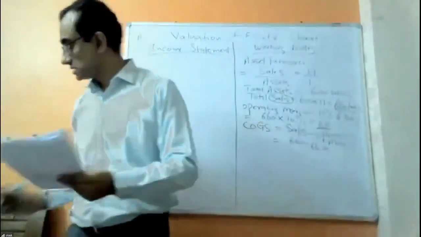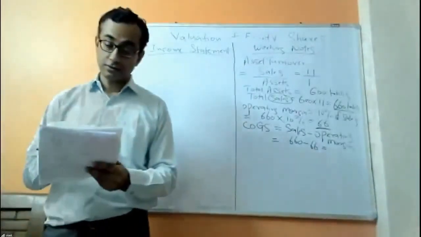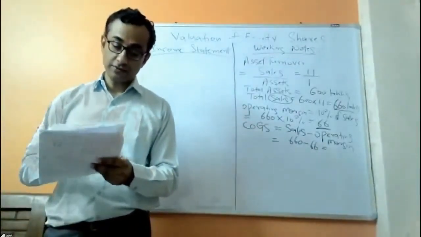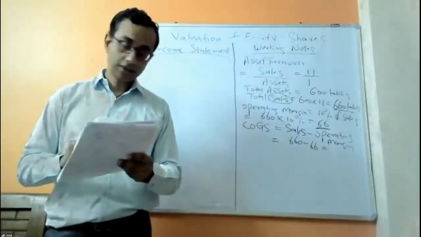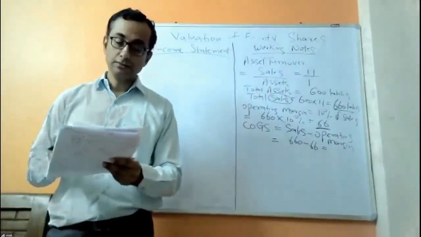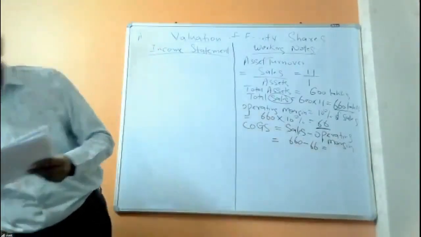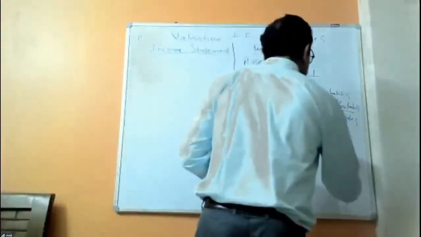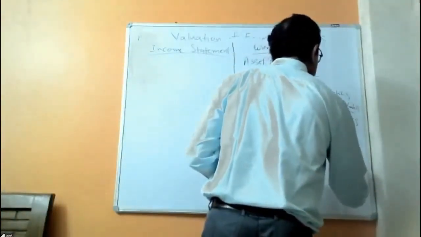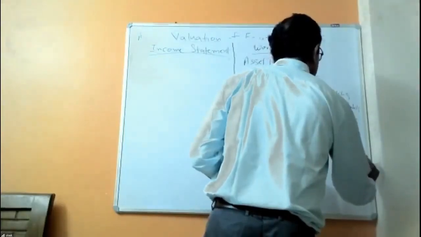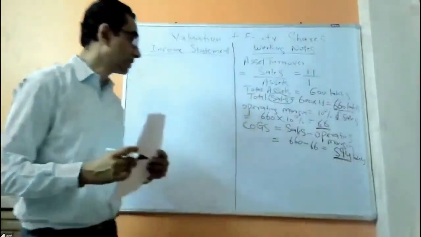I think it is actually 594. 660 minus 66, which is coming to 594 lakhs. So this is the cost of goods sold.